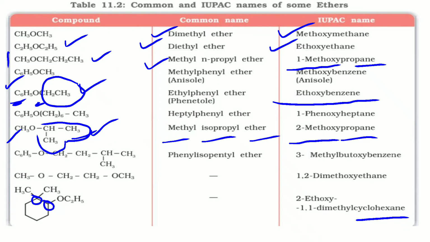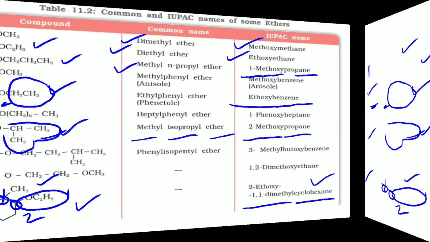So we will write 2-ethoxy, right, because an ethoxy group is there, so 1 carbon is this one and second carbon is this one. Because it is not a benzene ring, it is a cyclic compound, so at one position 2 methyls are available, so 1,1-dimethyl-2-ethoxycyclohexane is its IUPAC name.